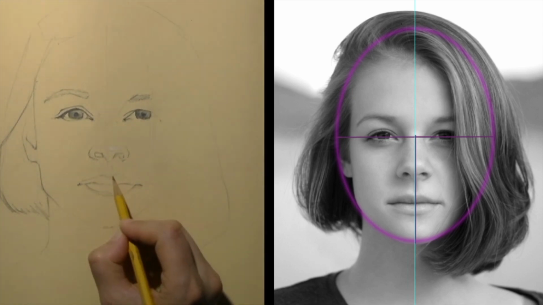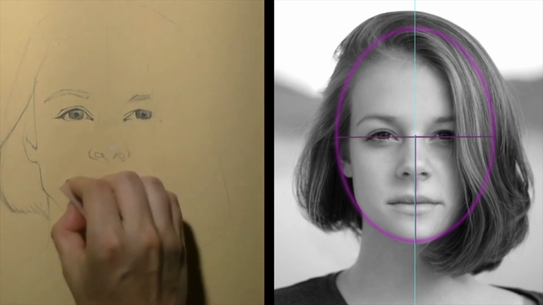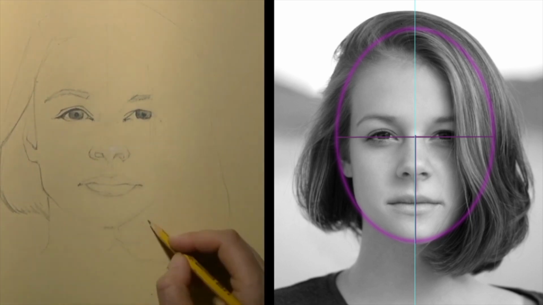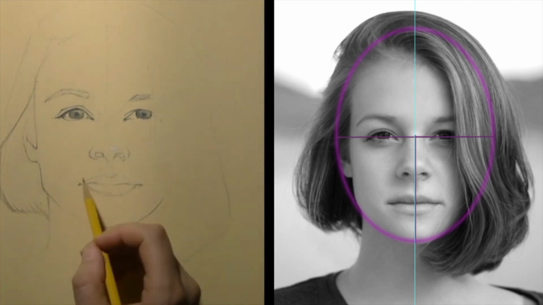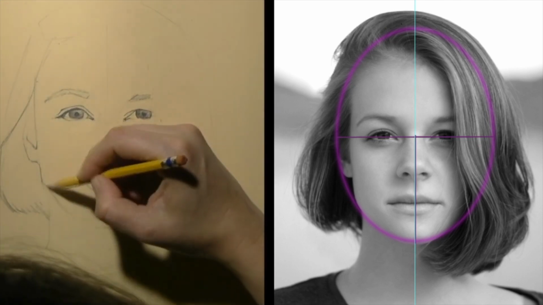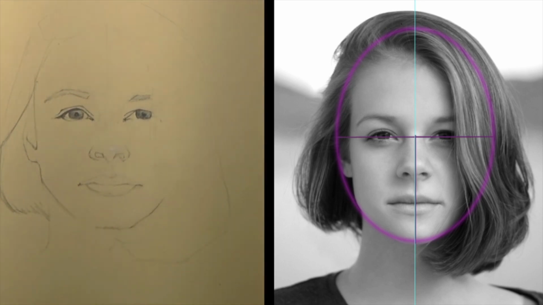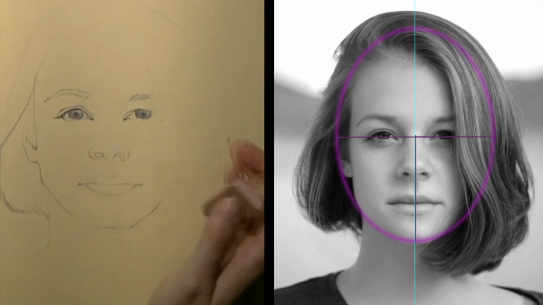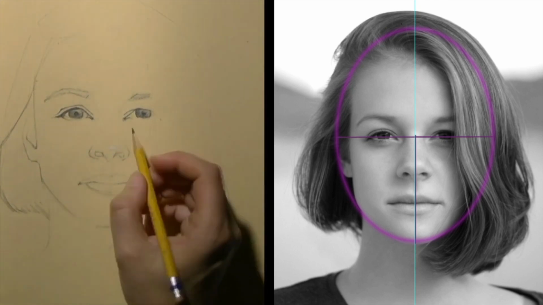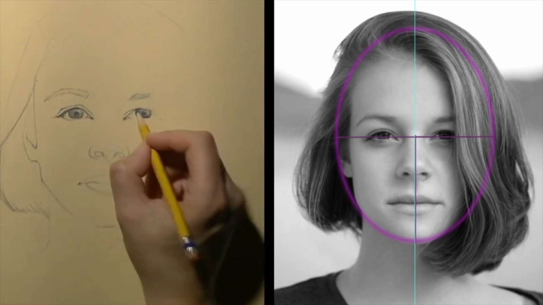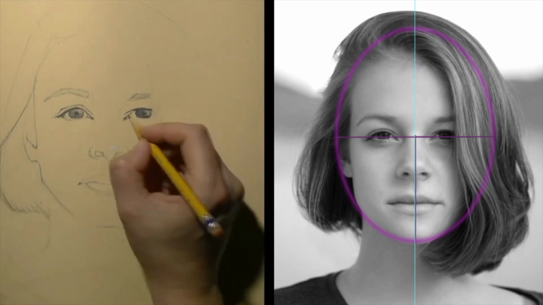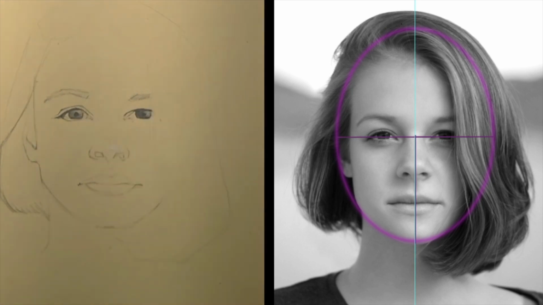That's because hair adds some volume over the skull. But if you imagine the whole skull fitting into this oval, then right in the center of it, there will be the line on which you draw eyes. That's the eye line.